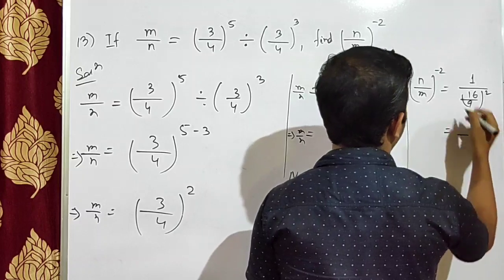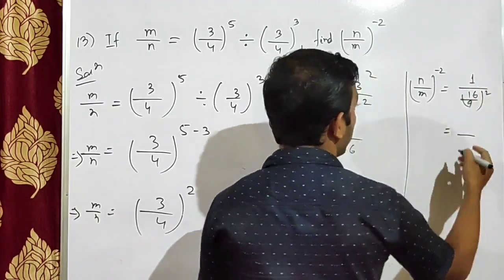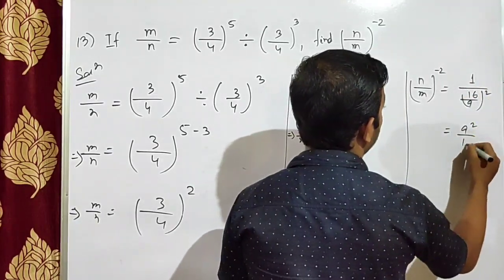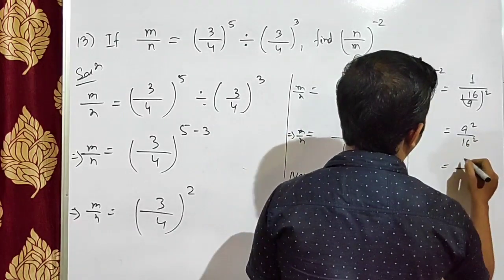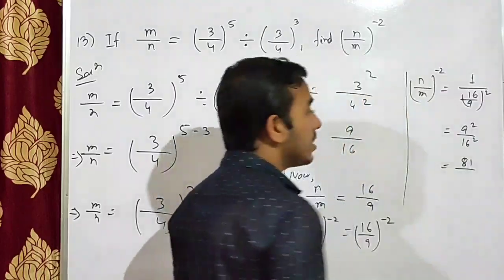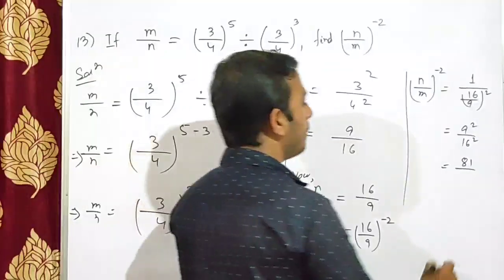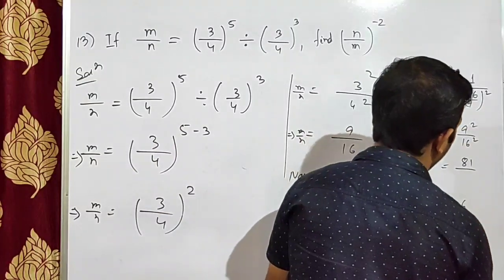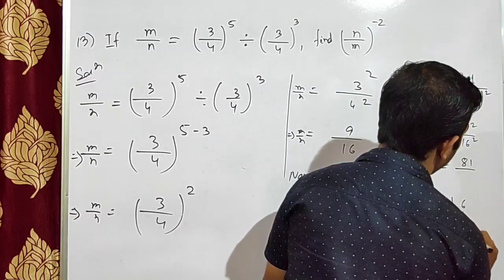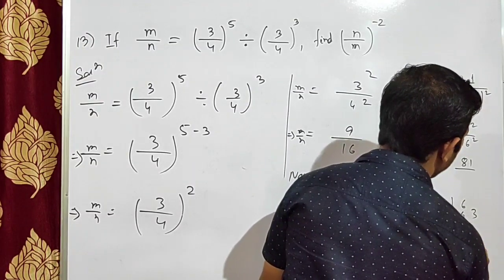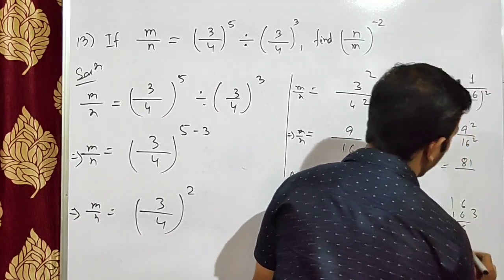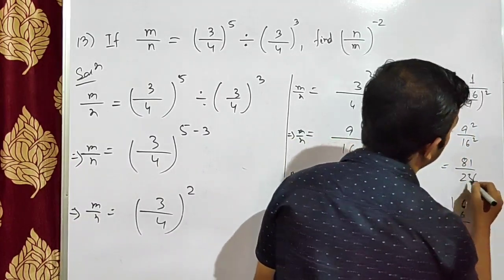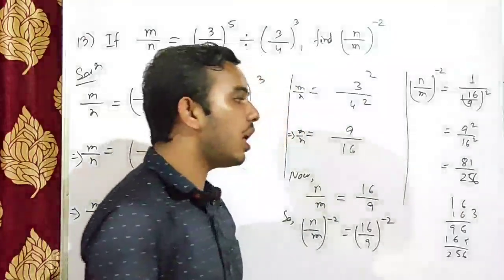Next it will go reverse, so it will be 9 square by 16 square. 9 square is 9 into 9, which is 81. 16 into 16 is 256. I hope this is clear to you, right?